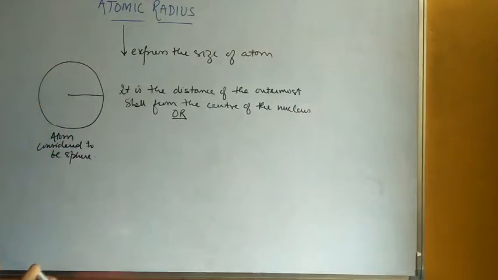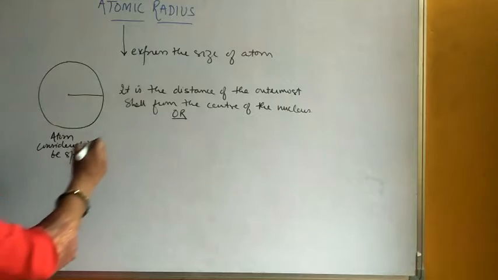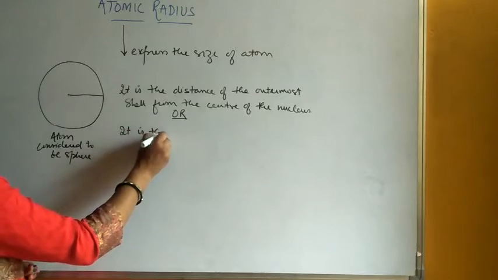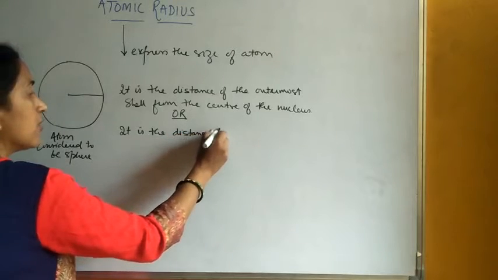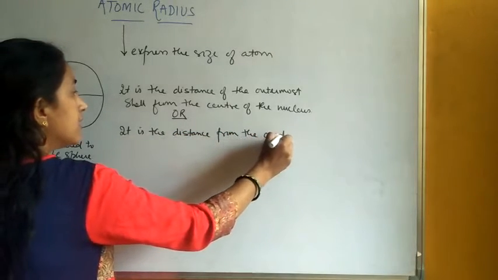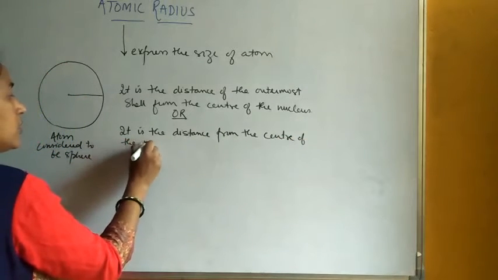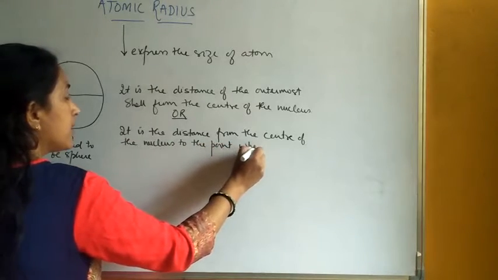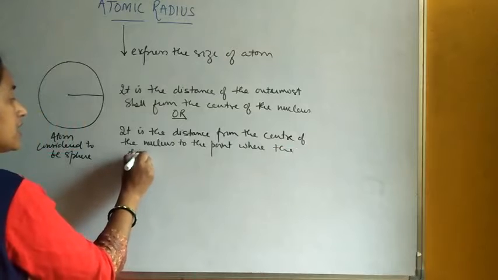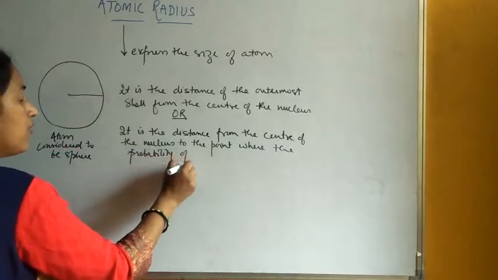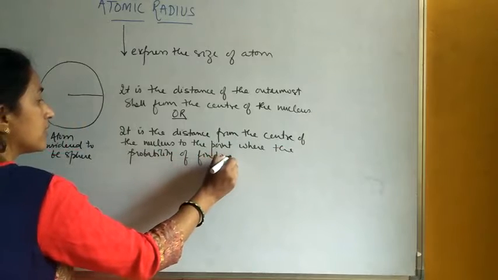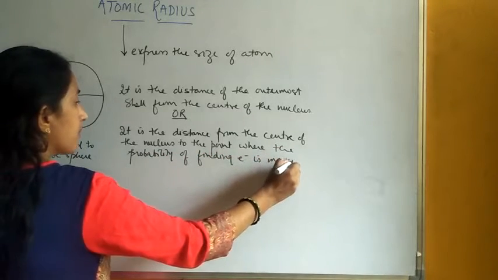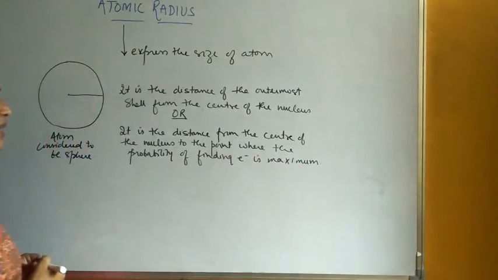or we can say that the atomic radius, student, is the distance from the center of the nucleus to the point where the probability of finding the electron is maximum, right?